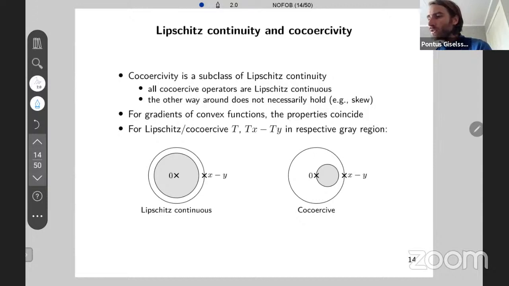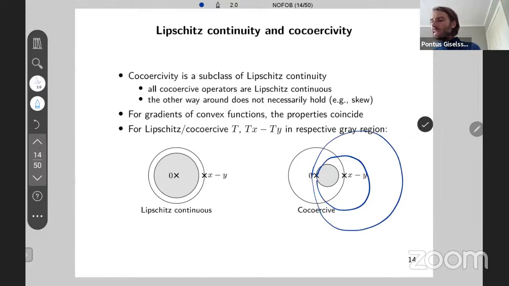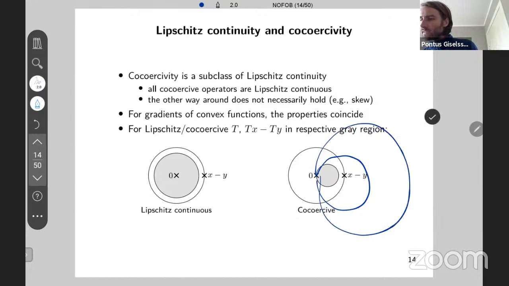Okay, and then we can go over to cocoercive operators. So if we have x minus y, then we have Tx minus Ty somewhere in this gray region. We also have a parameter here that scales it; for different choices of the parameter the circle has a different size, but it's always contained in the right-hand side. This drawing is good enough. We see that actually the cocoercive operator is already a monotone operator because of that.